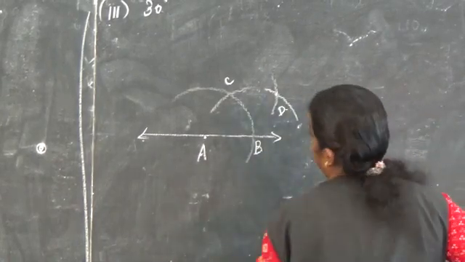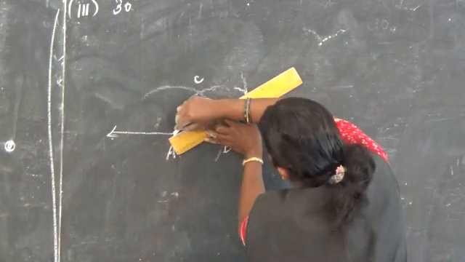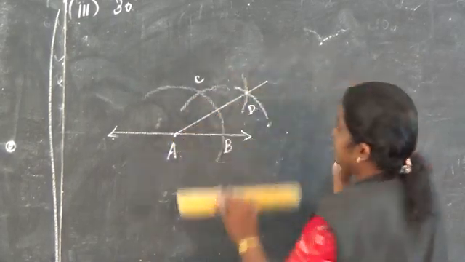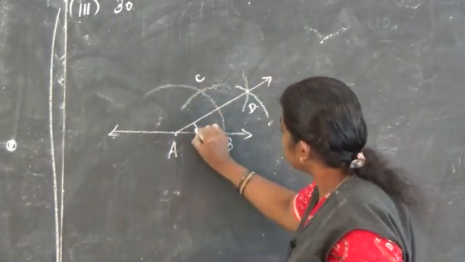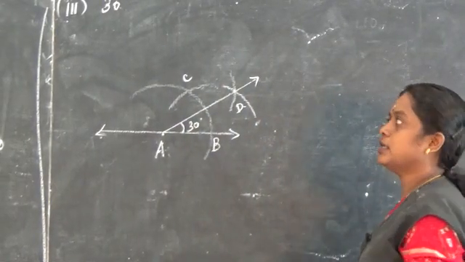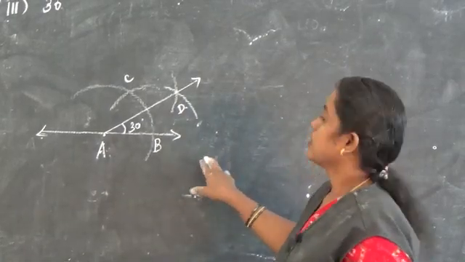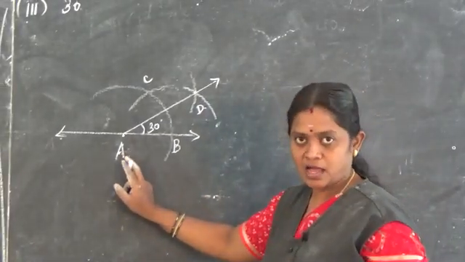Now this is 30 degrees. What is the angle? 30 degrees. How to draw? Draw a line segment, then mark a point A on it.